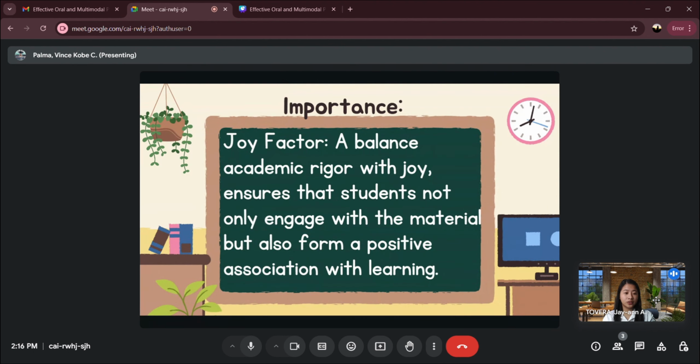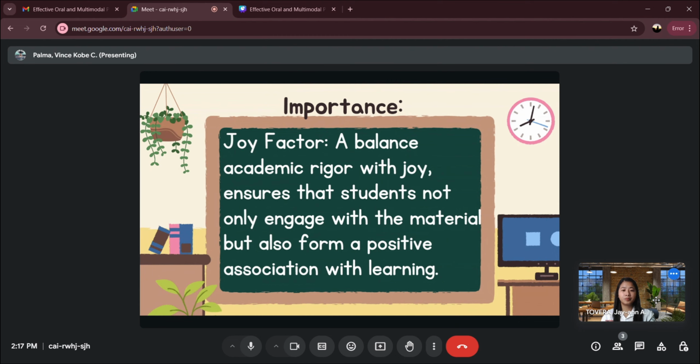So why is this joy factor important? As I said a while ago, there are boring teachers. So this is to entail academic rigor with joy. It also ensures that the students not only engage with material but also form a positive association with learning. Can you give more importance of joy factor aside from what I said?